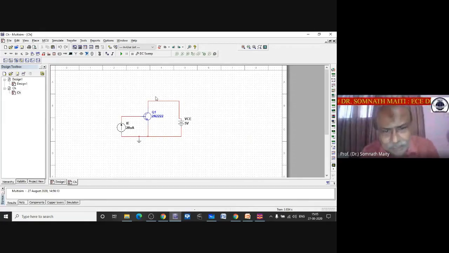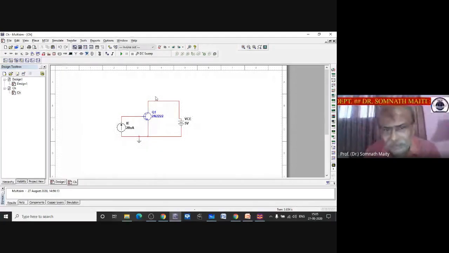Now tell me, in which mode is the transistor operated? What is my objective? My objective is to draw the output characteristics of the amplifier.